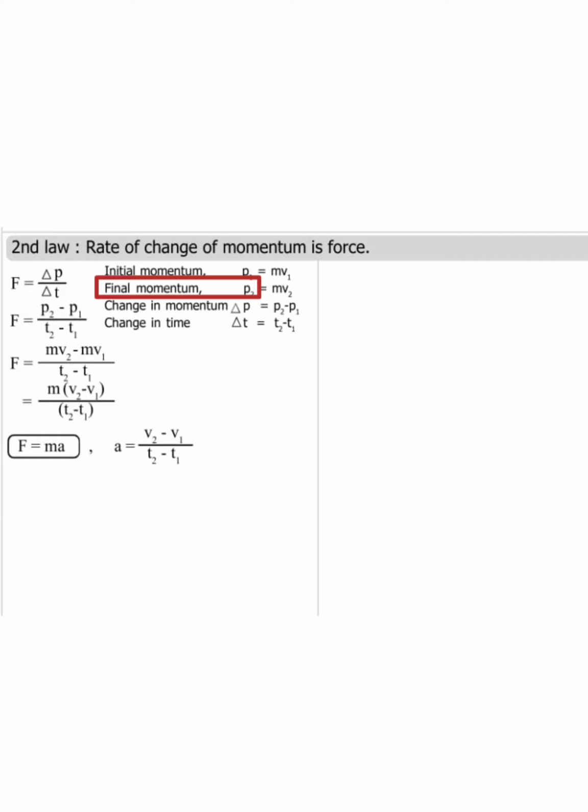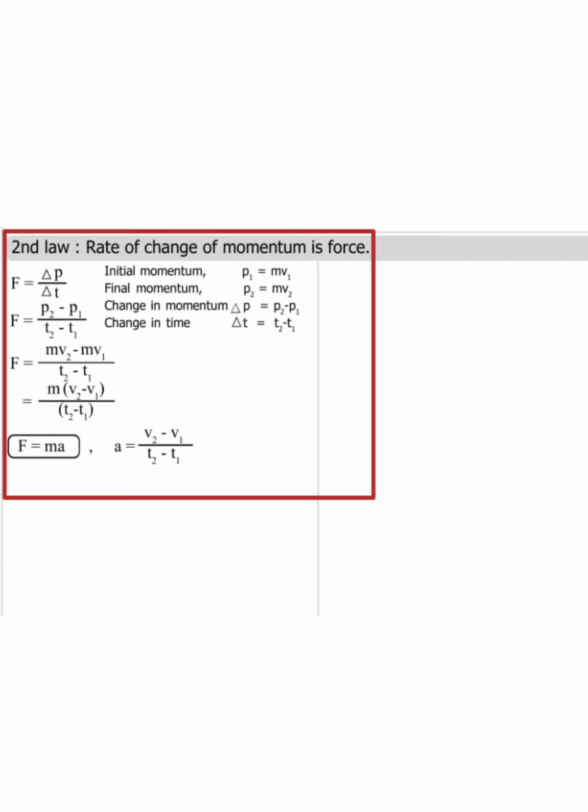P2 is final momentum, mV2. Change in momentum, delta P equal to P2 minus P1. Change in time, delta T equal to T2 minus T1.